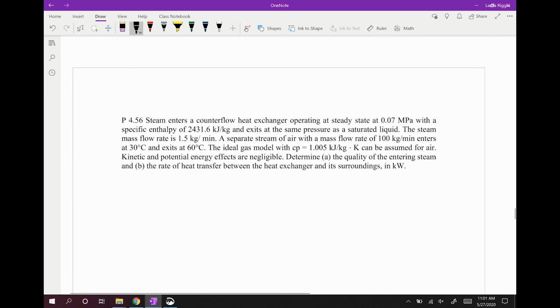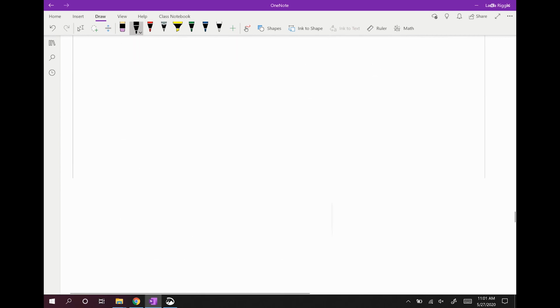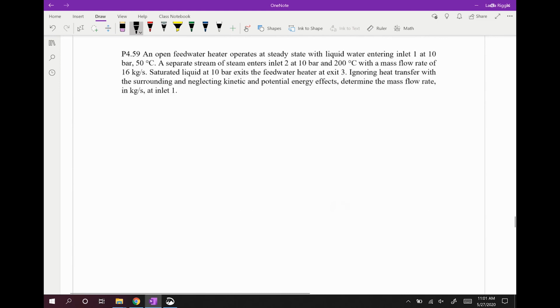We're going to do another example of a mixing chamber. So we have an open feed water heater operating at steady state with liquid water entering at one inlet at 10 bar and 50 degrees Celsius.